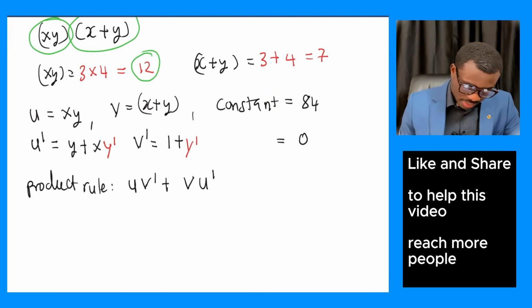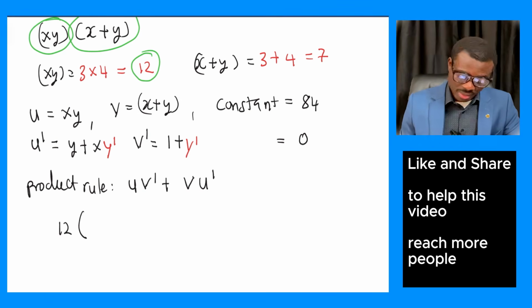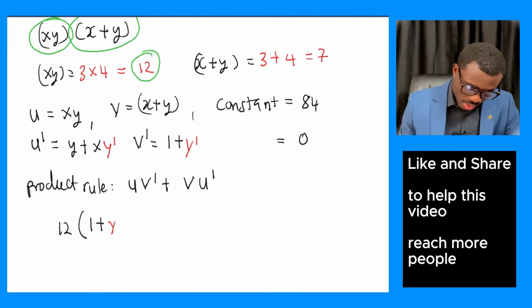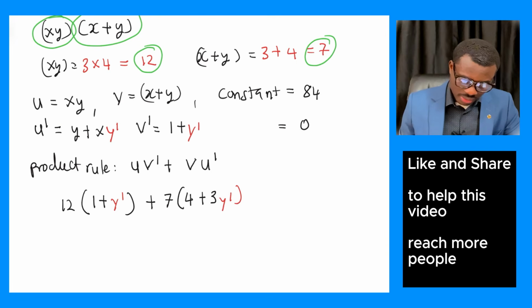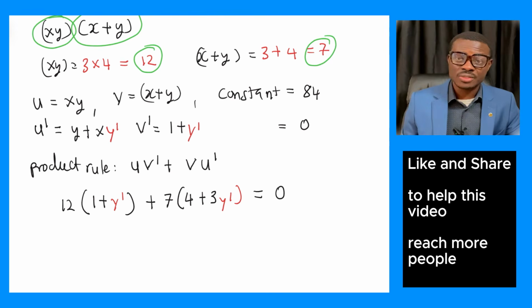So we will simply write 12 open bracket, v prime is the differentiated v. We had 1 plus y prime, plus v, and when we calculated v, we had 7, if you remember, because this one will be at the back of our mind, okay? So we will have 7 open bracket 4 plus 3y prime. 4 is the value for y and 3 is the value for x. So when you get here, you say all equal to 0, because when you differentiated 84, you got 0.